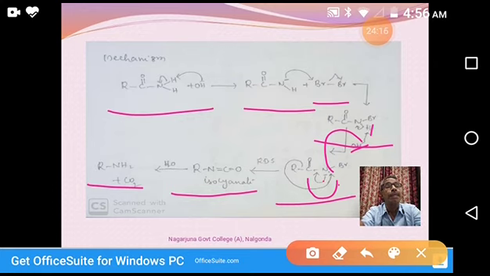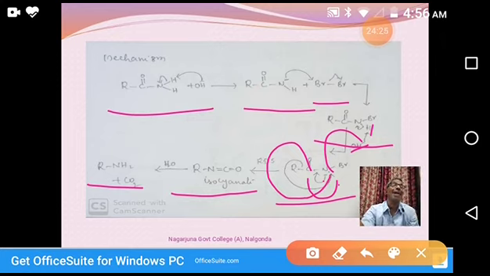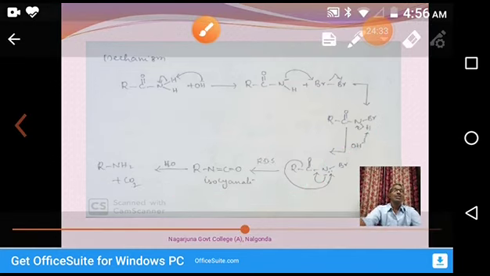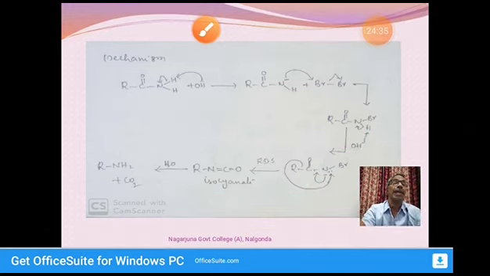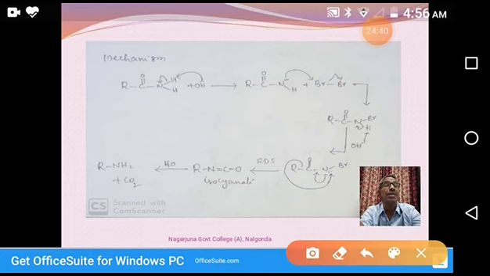At the same time, the alkyl group shifts from the carbonyl carbon to the nitrogen with its electron pair, that means as R minus. So the R group shifts along with bond electrons to the nitrogen. That's why it's a specific rearrangement reaction. After this rearrangement reaction, we get this isocyanate.